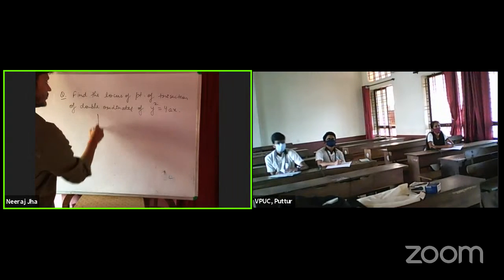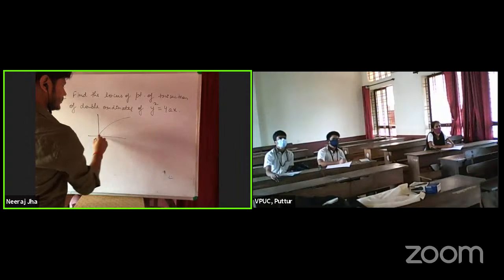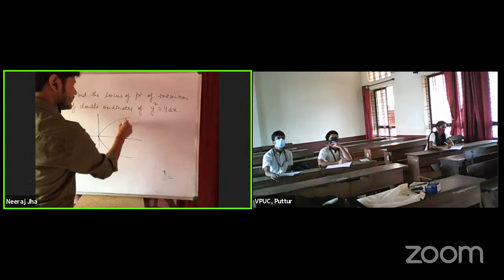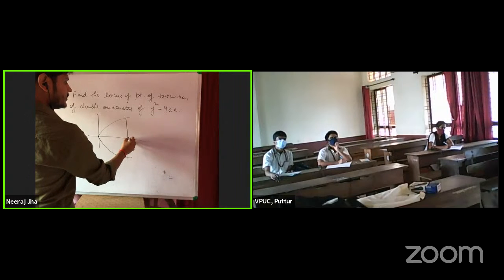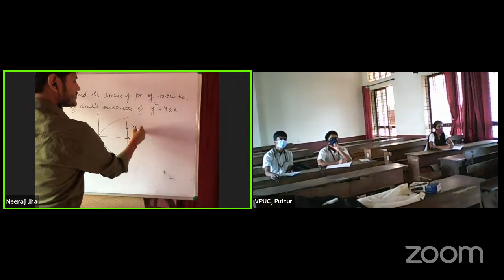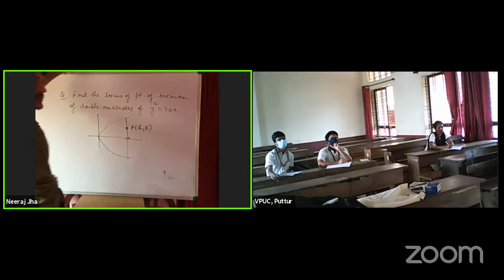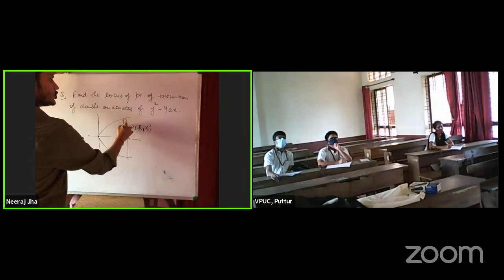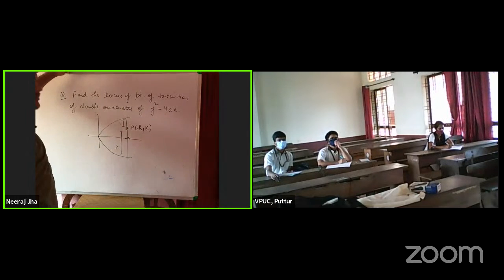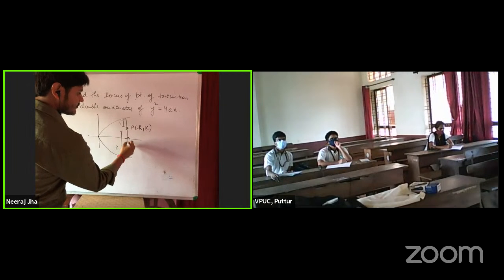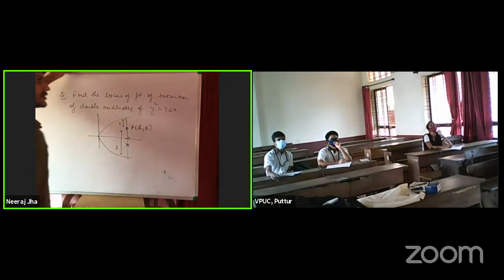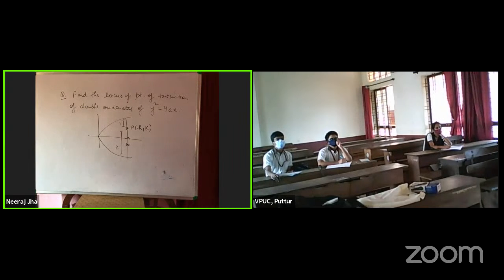This is the parabola, and for this parabola, we have a double ordinate. Let's say this point is some point P which is having (h, k). Now this ratio should be 1 and this ratio should be 2, because the trisection point is such that these distances are equal. I have given you the way to find it.